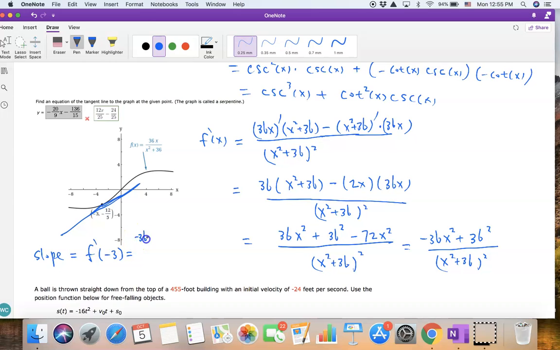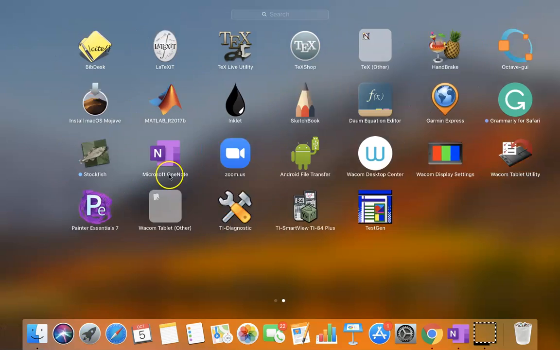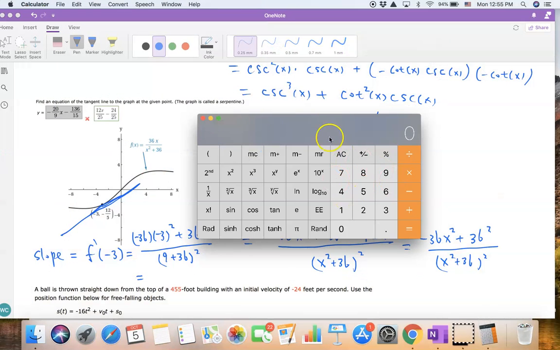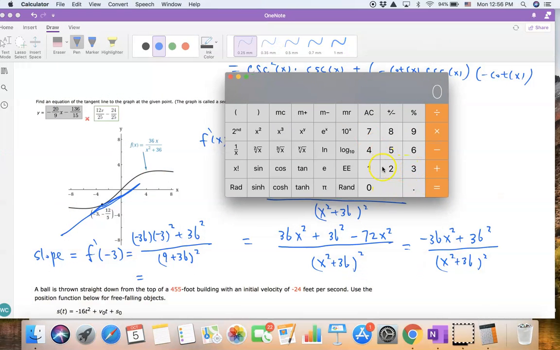It's -36 times (-3) squared plus 36 squared, over ((-3) squared, which is 9, plus 36) squared. Putting that in the calculator, -36 times 9 plus 36 times 36, that's 972.